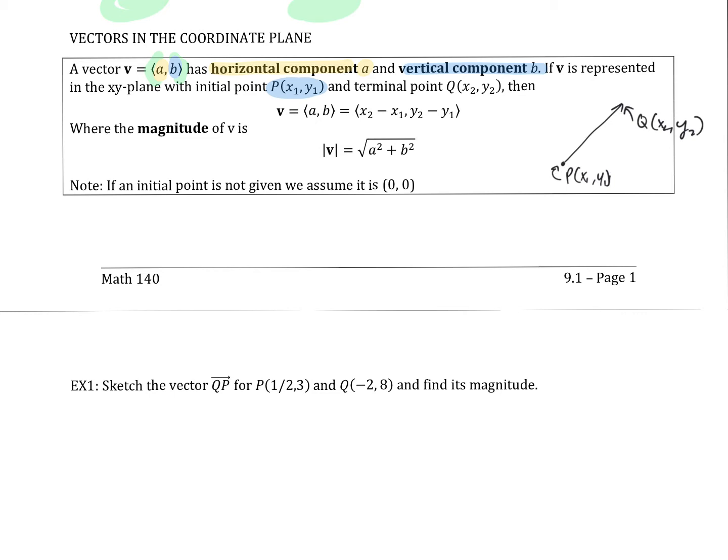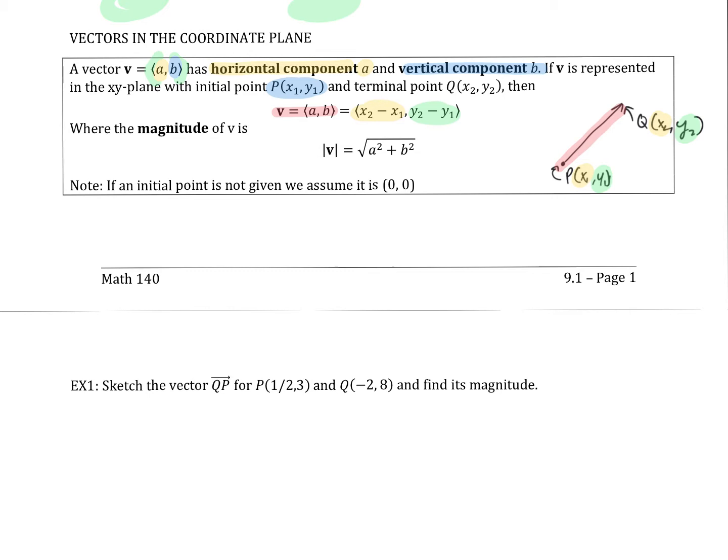Well, then the vector AB is going to equal what? Well, the subtraction of those 2 points and the subtraction of those 2 points. So we go ahead and highlight that. That is how we would find our vector. We take the subtraction of the x values from the head and the tail, and then the subtraction of the y values from the head and the tail to find our a and b values for our entire vector.